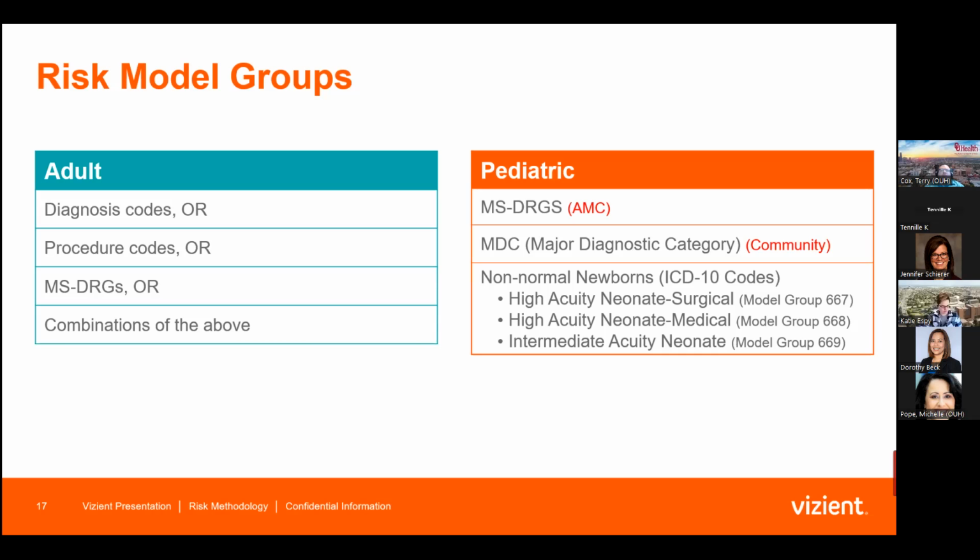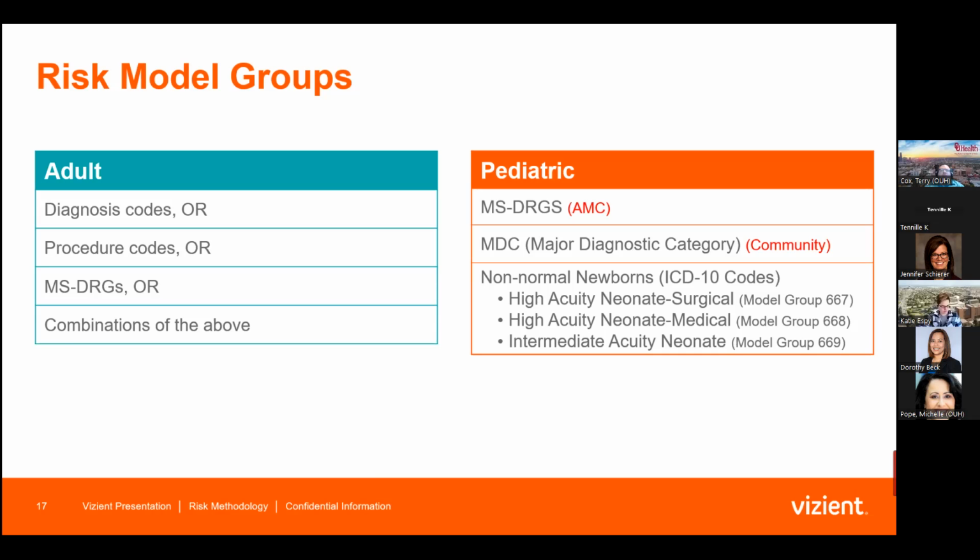For the pediatric model, primary grouping criteria differ for AMC and community risk models. AMCs are combinations of MSDRGs, and community pediatric model groups are primarily grouped by MDC, or major diagnostic category. Exceptions to the primary grouping method are the non-normal newborns, which I've listed there.